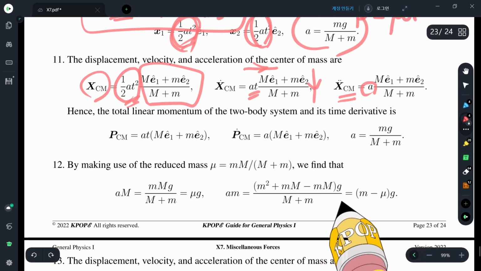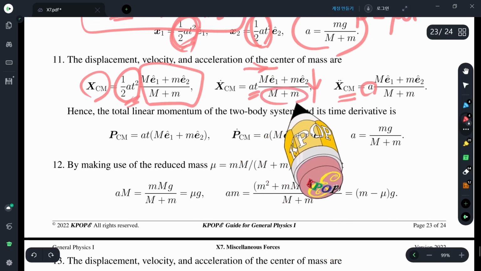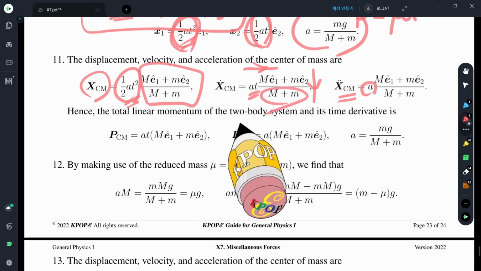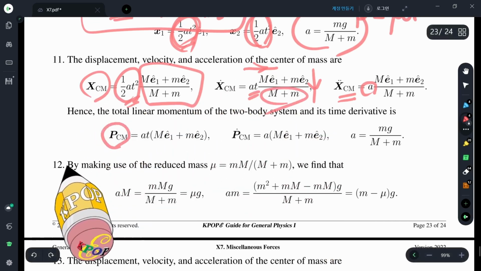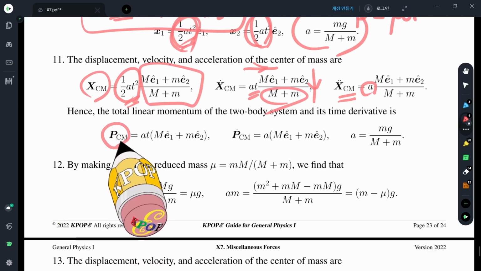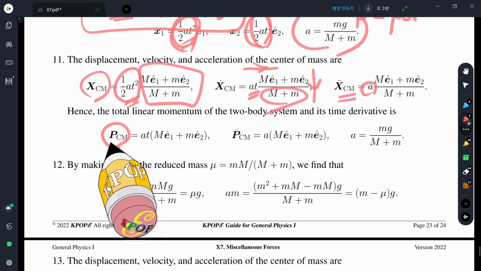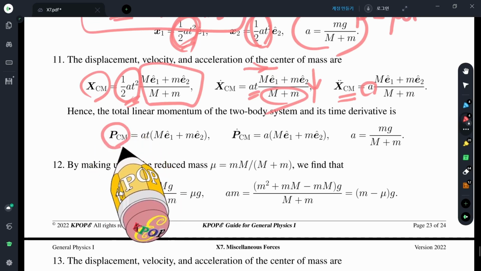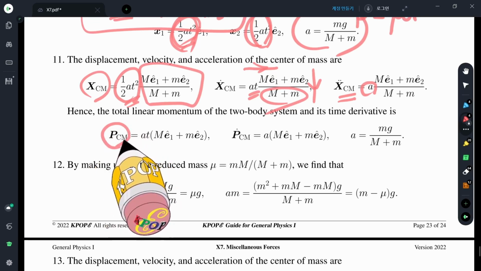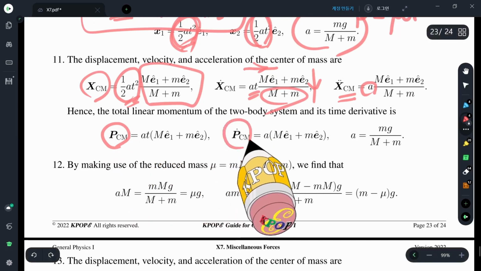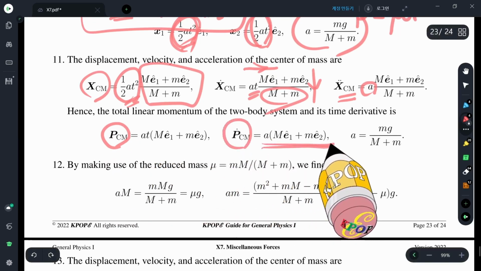If we multiply the total mass to the system, I can obtain the linear momentum of the center of mass. And actually that is the sum of the momenta of the two particles. Again, I can take the time derivative of this, and I find this one.